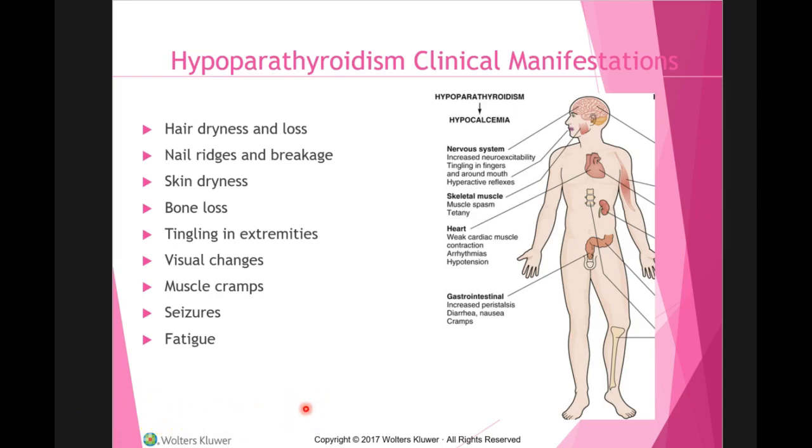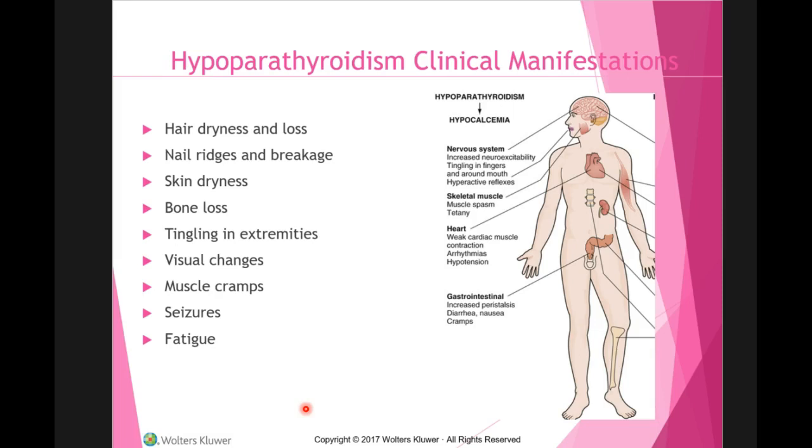So remember what calcium does. It has effects on muscle function and nerves, but it affects them in different ways. Low serum calcium levels lead to weak cardiac muscle contractions, but it increases the excitability of nerves, leading to the spontaneous contraction of skeletal muscles.